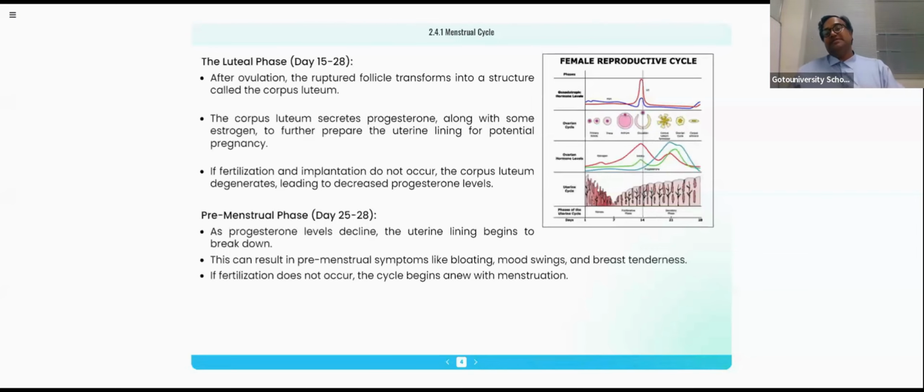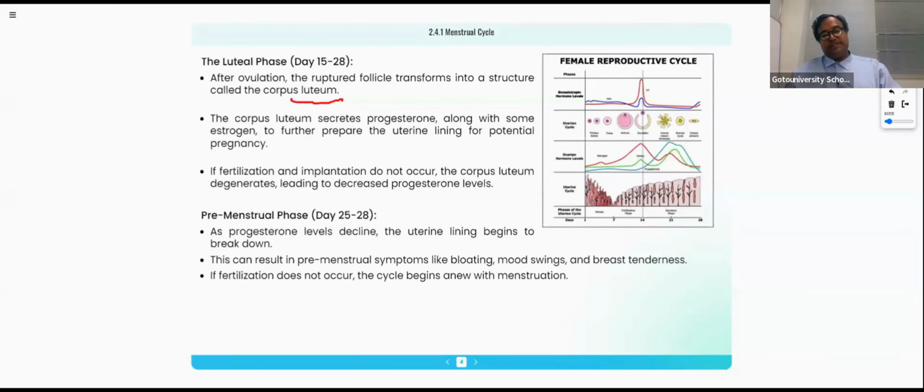This remains of the ruptured graafian follicles are very, very important to make the corpus luteum, which is yellow in color for the first 4 months. Why? Because it is nourishing the egg. So once it is getting drained with the fat loss for nourishing the zygote, this corpus luteum is becoming corpus albicans. These corpus albicans are becoming white slowly, and this corpus albicans will go for degeneration, right? At the end of the luteal phase, right?